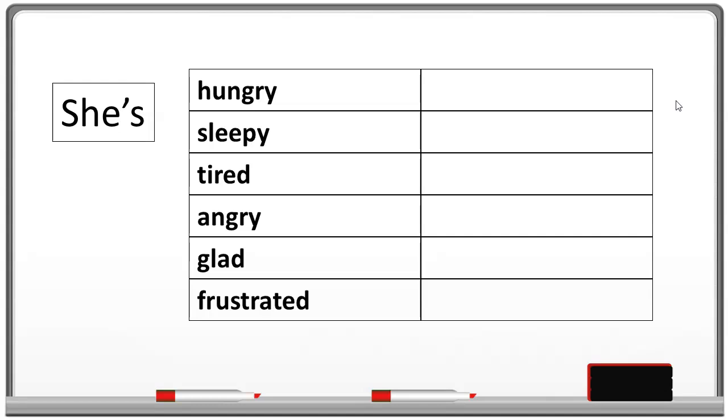Next one. Thirsty. Thirsty. Again, pay attention to those vowel sounds. They're very important. She's thirsty. Why are we stopping here? She's thirsty.